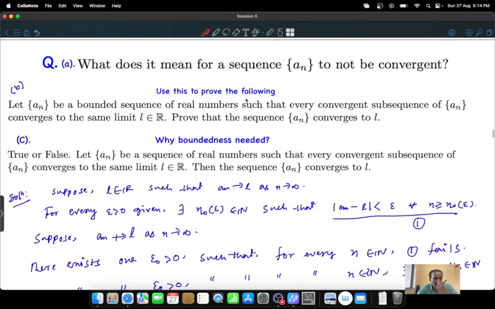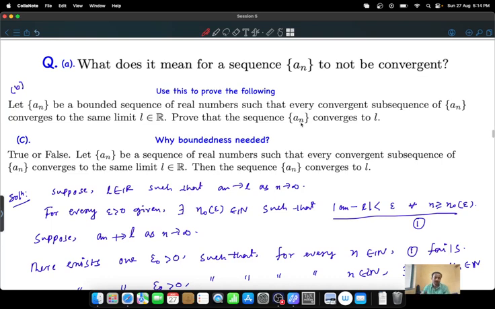So now let's come to part B of the problem. We shall use what we have just learned, that is, what it means for a sequence not to converge. The question says that if I have a bounded sequence of real numbers such that every convergent subsequence of the given sequence converges to the same limit, then I have to prove the original sequence an actually converges.